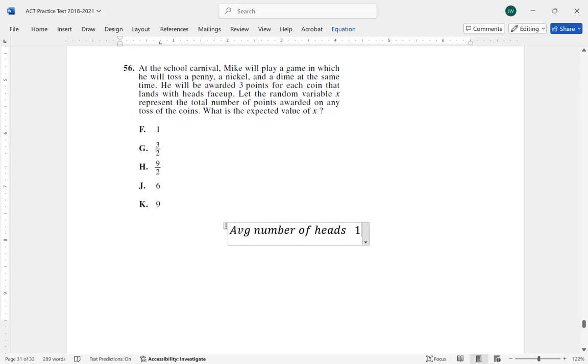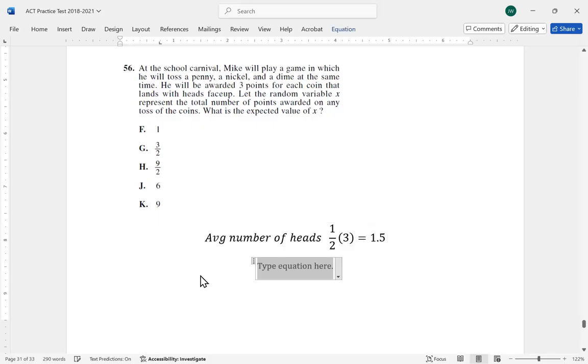Now let's take the average number of heads. The average number of heads, since the probability of heads is 1/2, and he's tossing 3 coins, is going to be 1.5. That means that the average number of points, which is the expected number of points, is going to be 3 points times the 1.5 heads, which is 4.5 points.